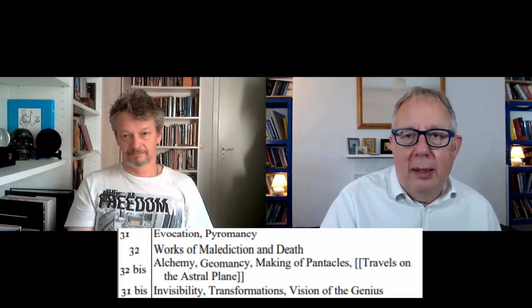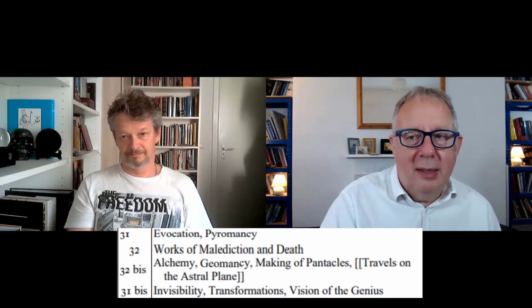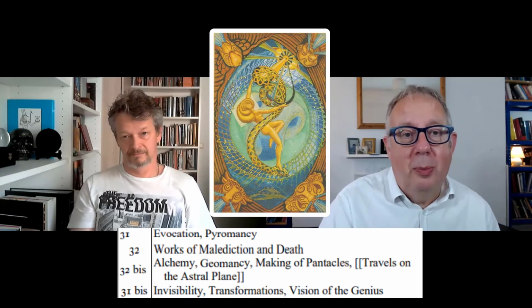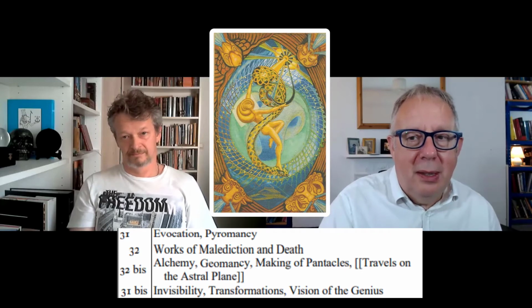Well, it's kind of three. There's a small one, Liber 7 powers, and in there the 32 bis, which is Saturn as Earth, is given alchemy, geomancy, making of pentacles, and in brackets, travels on the astral plane. So it's quite a big thing.